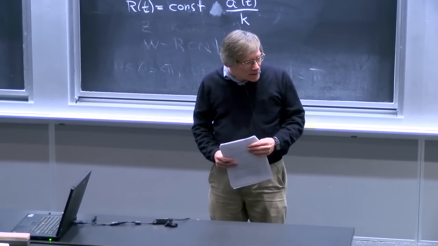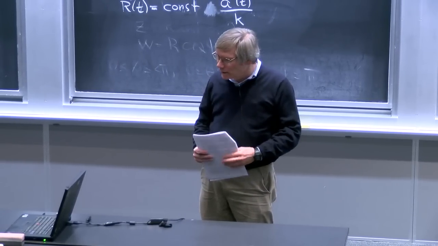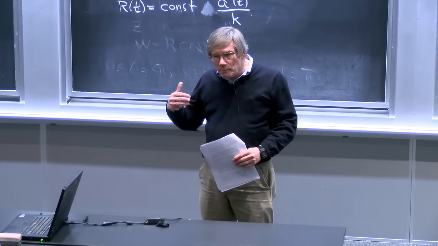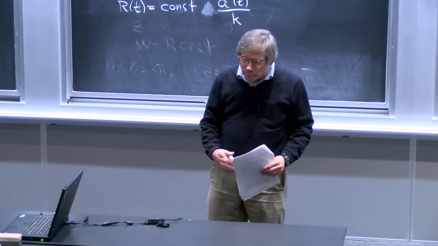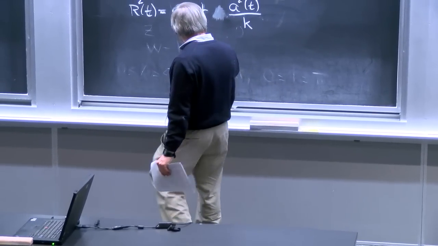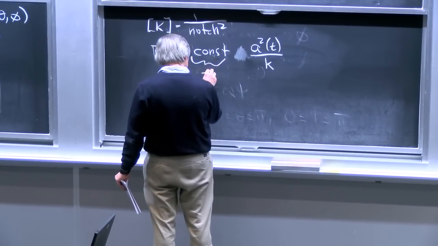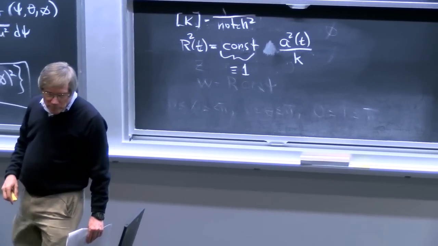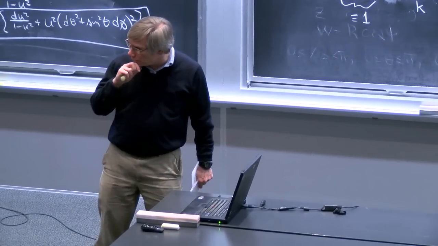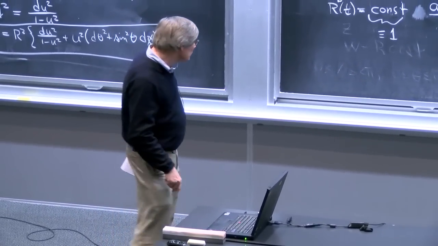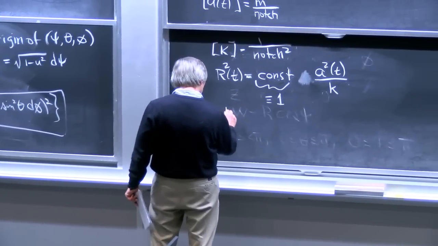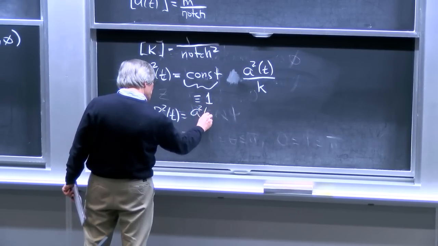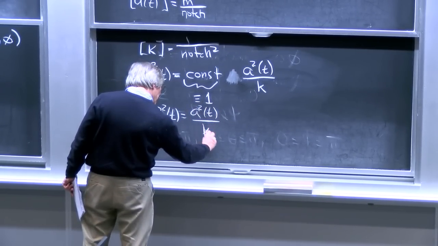We are not capable in this course of describing the Einstein field equations, which determine how matter causes space to curve. So I'll just tell you the answer. The answer is that this constant is equal to 1. So it's certainly a simple answer. But we won't be able to derive it. So we end up with just r squared of t is equal to a squared of t divided by k.